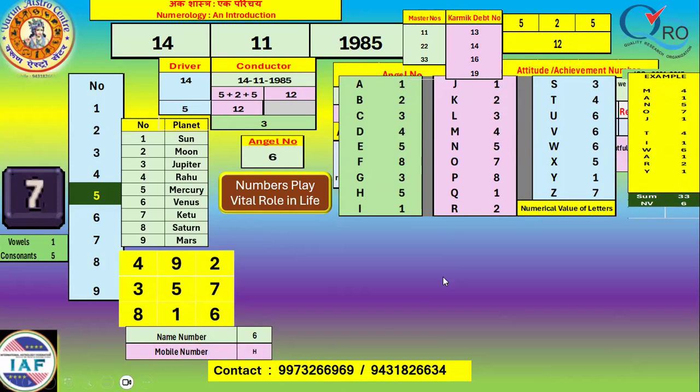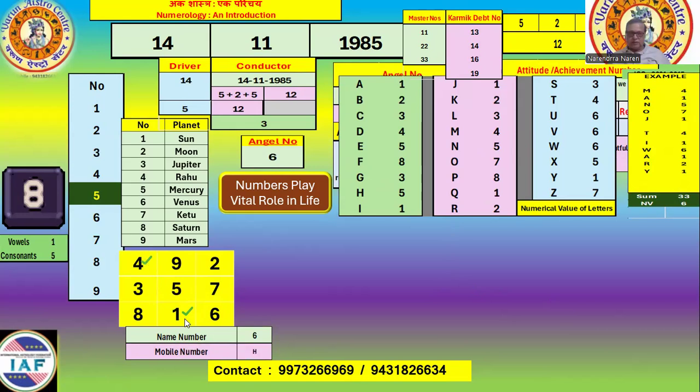If we put the numbers here from the birth date, let us put them here. From 14, 1 and 4 have been taken here. Again, double 1 is there. Thereafter, one more 1 is there from the 1985.